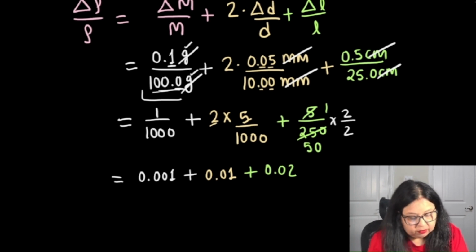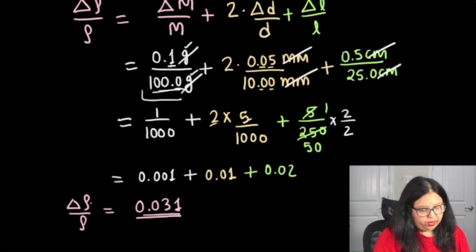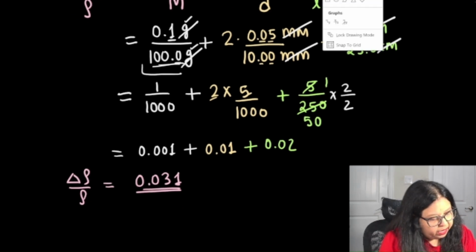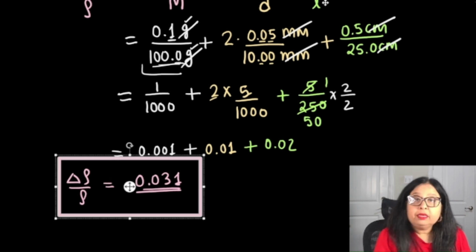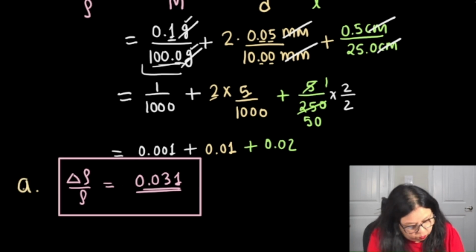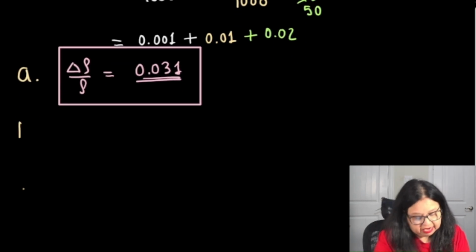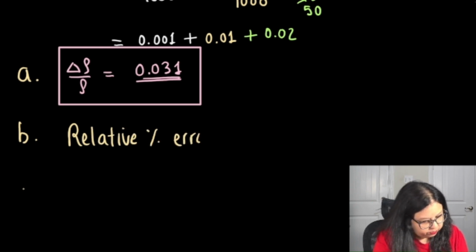What does this give me? Delta rho over rho equal to 0.031. Here we have fractional error, also called relative error in the density of the wire rho. Next, we're asked to solve for what? We're asked to solve for relative percentage error.